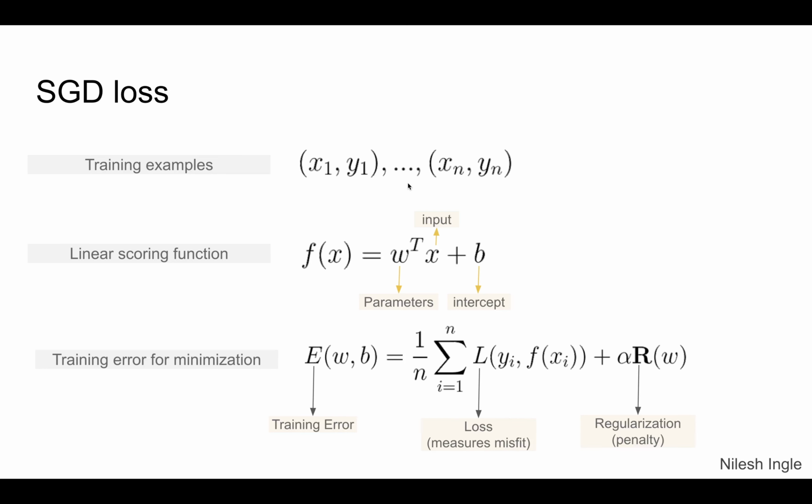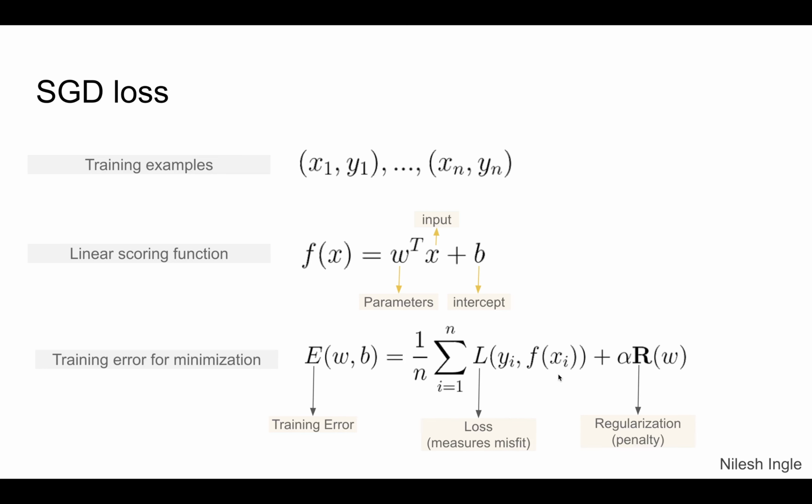So the training error for minimization is given by the equation below, which has two parts. One is the regularization term, and then you have the loss function right here. The loss function is based on yi, which is the output, and the f of x value from here. I will come back to this equation in the next few slides.